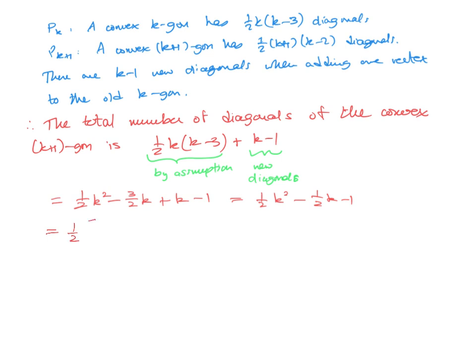So 1/2 and then k squared minus k minus 2, because 1/2 times negative 2 is negative 1. And I can factor that k squared minus k minus 2. It's a monic quadratic, so it's easy: (k plus 1)(k minus 2). Therefore, P(k plus 1) is true, because after all, this was the number of diagonals I was expecting to be able to get. So now we do our little rigmarole.